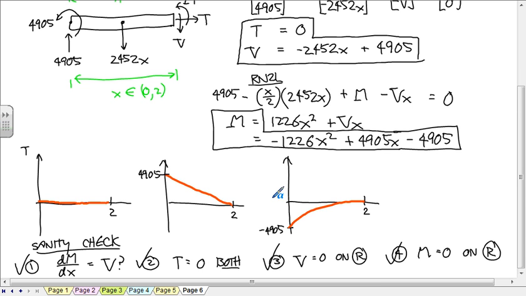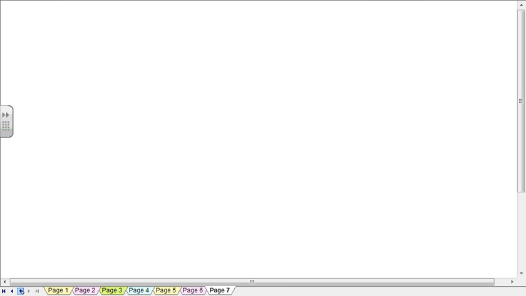So let's do another example. But this time, it's not the weight we're dealing with, it's a triangular distributed load.